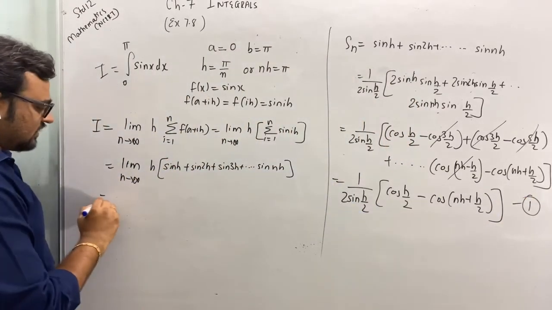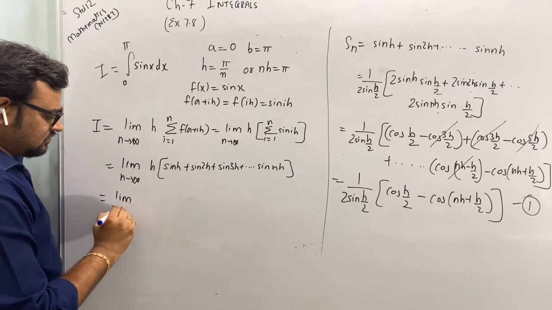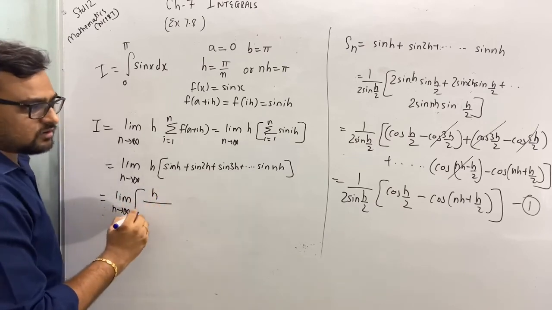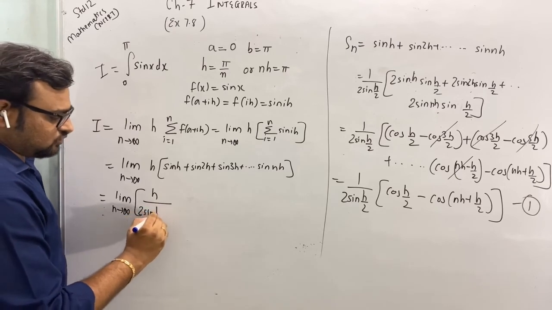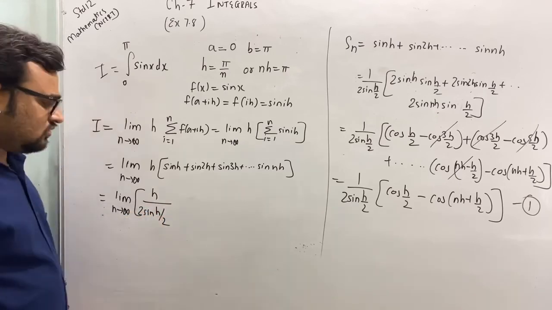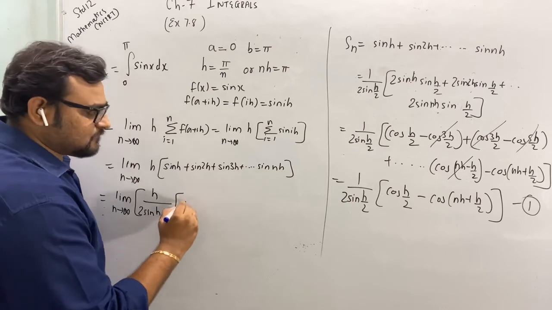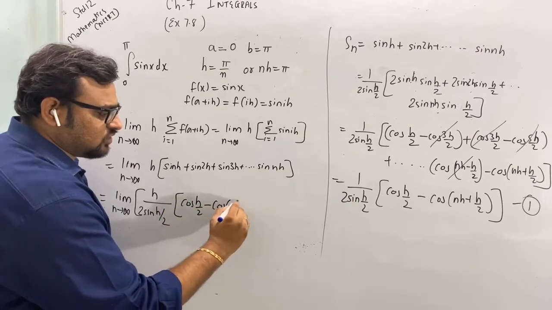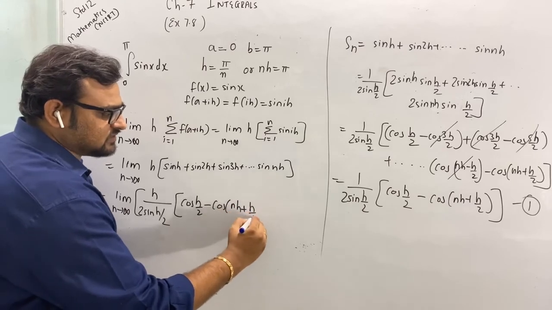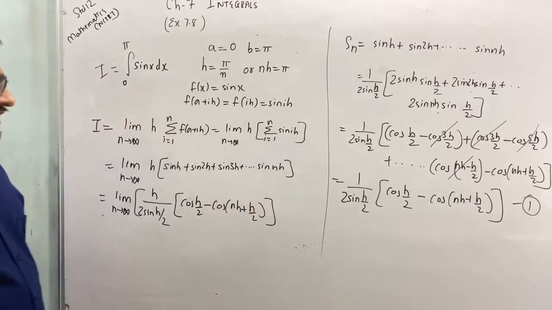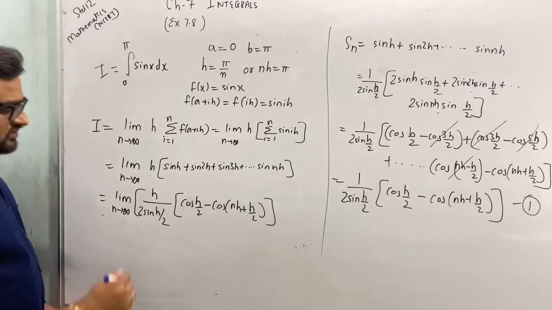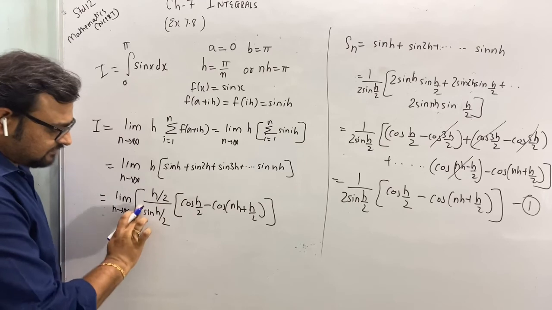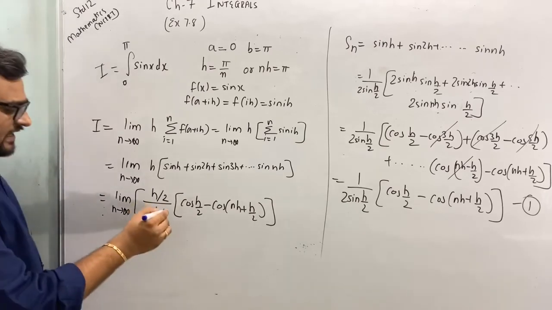So from 1, this will be h upon 2 sine h by 2 times cos h by 2 minus cos of nh plus h by 2. Clear? So now see this, I am just taking these two here: sine h by 2.